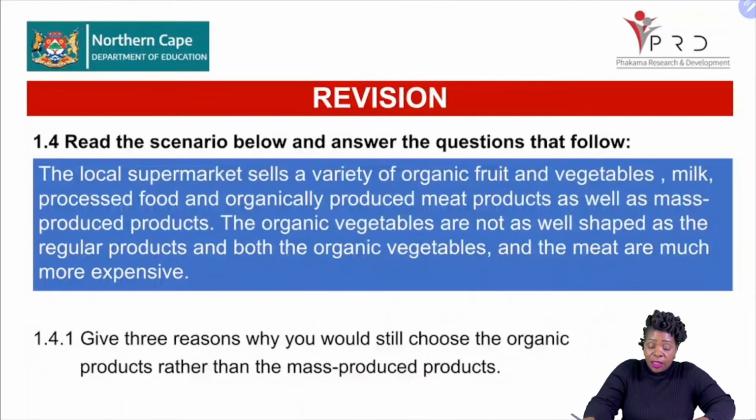The organic vegetables are not as well shaped as the regular products, and both the organic vegetables and the meat are much more expensive. And our question says, give 3 reasons why you still choose the organic products rather than the mass-produced products. Right, I'll allow you to read through the scenario and then we will move on with the questions.